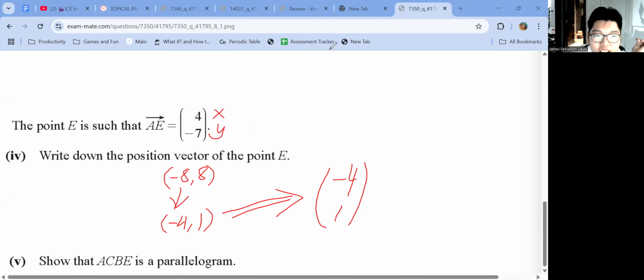Okay, and this connects really well to another topic that often comes up in math, which is, of course, transformation.